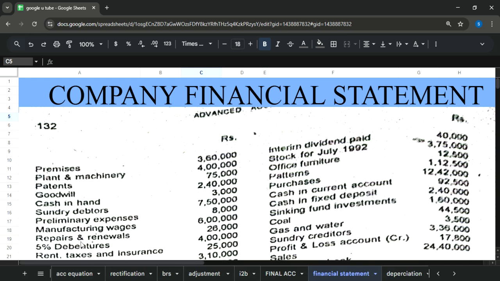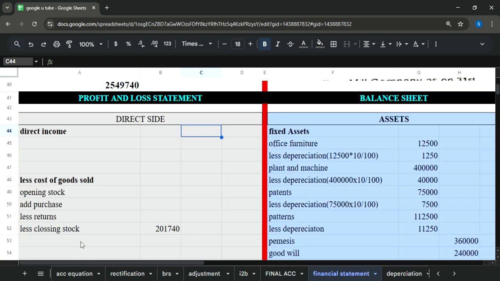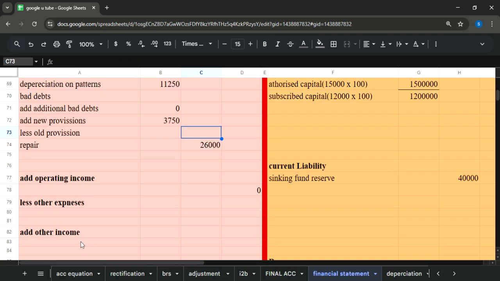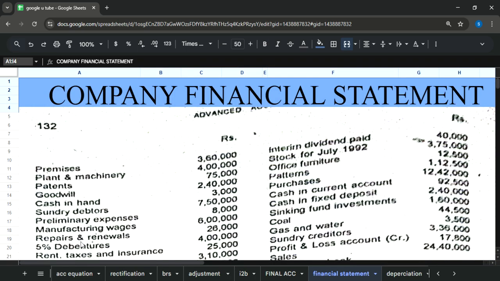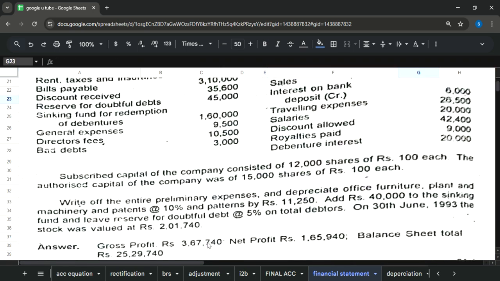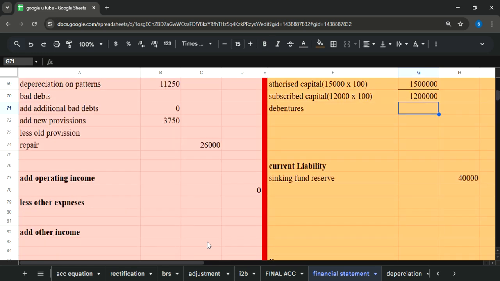This is important for you, so be attentive. Debentures, fixed liability, we will go and here we will mention debentures, and amount of debenture 4 lakh. Yes, it is 4 lakh. Write down over here.